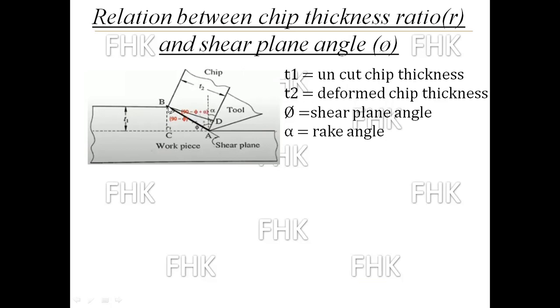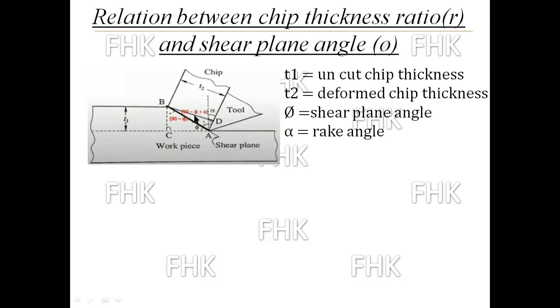Now I draw another construction line, BD, which is perpendicular to this tool face, or the interface between chip and tool. So this line is the chip-tool interface line, and this BD line is perpendicular to it.